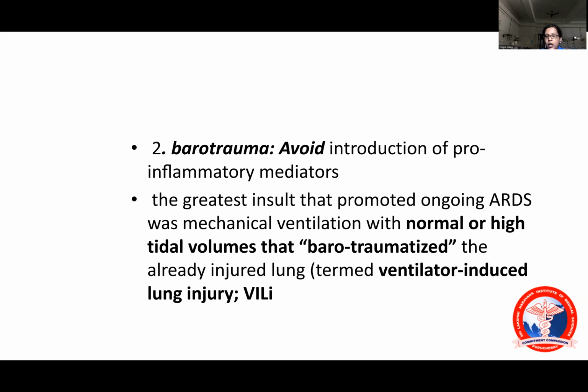And one more thing is we should avoid normal or high tidal volumes. There was a trial called the ARMA trial. They compared high tidal volume versus low tidal volume ventilation.